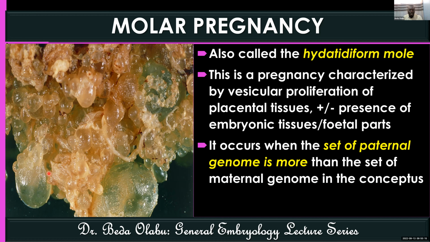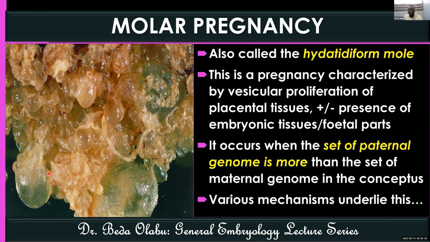We get molar pregnancy if the contribution from the paternal genome is more in terms of the set of 23. So if you have an extra set of paternal genome, you'll get molar pregnancy.